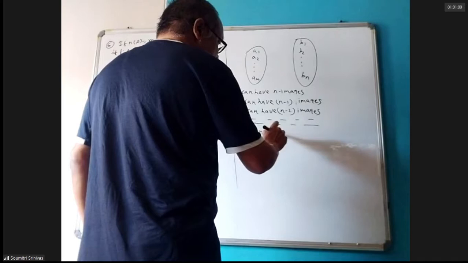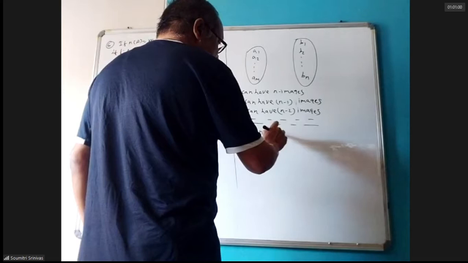So for m, it is n minus of m minus 1. And what's the total? N into n minus 1 into n minus 2 and so on till n minus of m minus 1.